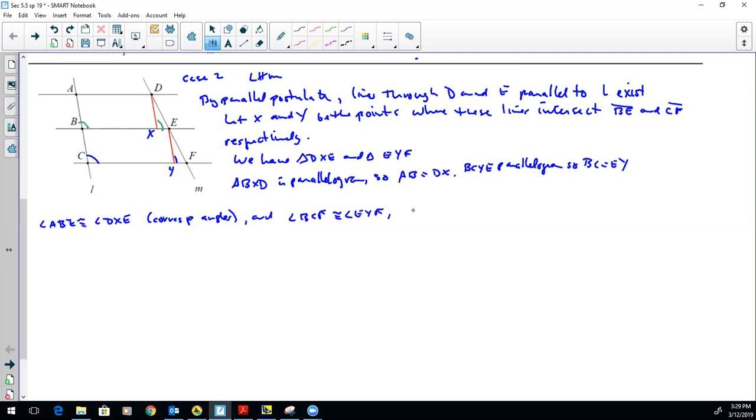And for the same reason, I have two parallel lines here, lines BE and CF, cut by transversal L. That means angle ABE is congruent to angle BCF. Stringing together a bunch of congruences, transitive property, hence angle DXE is congruent to angle EYF.